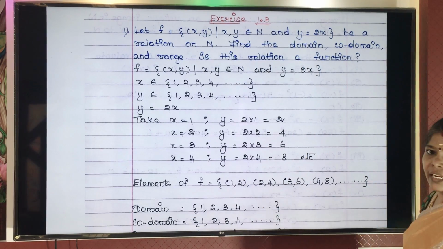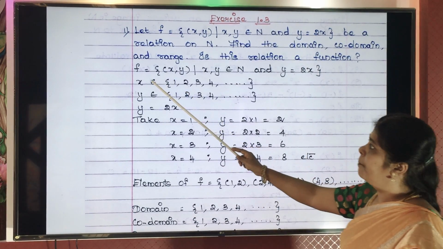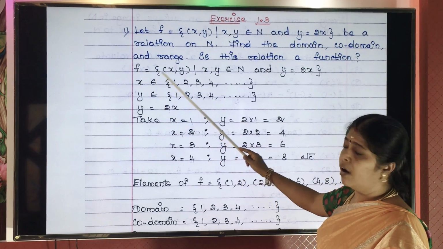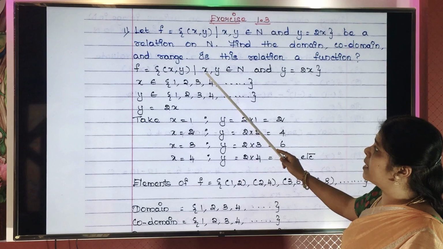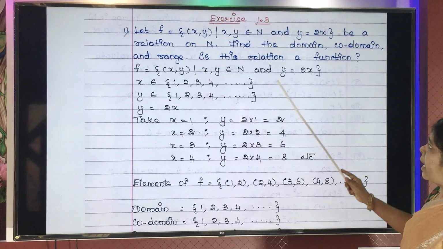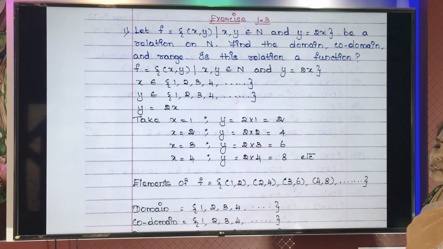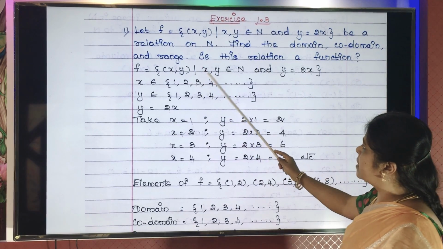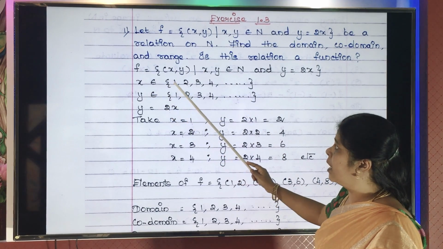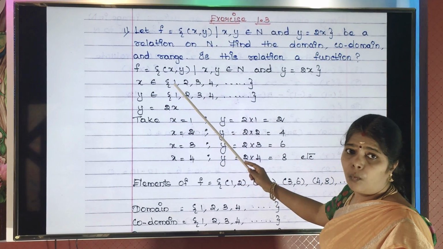Okay, shall we see now? Yes, see what is the given relation? f is equal to the set of all ordered pairs (x, y) such that x, y belongs to natural numbers and y is equal to 2x. Because they say x and y belong to natural numbers, we all know that natural numbers start with 1.